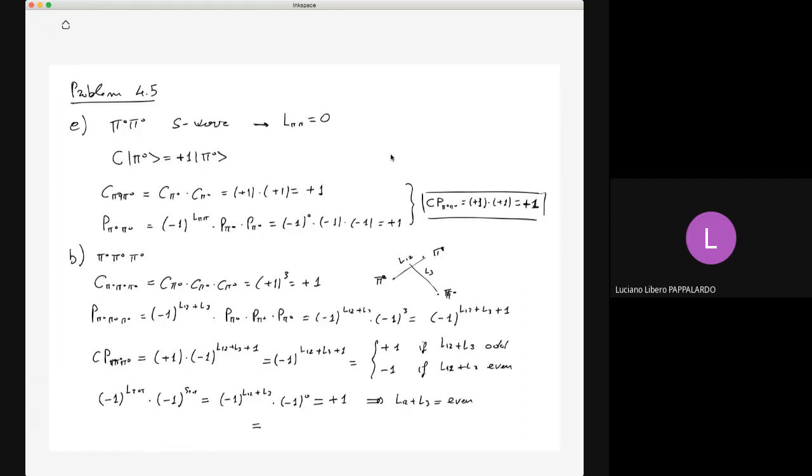And so the correct assignment is that CP of the 3 pi zeros must be -1. Here we are imposing that the wave function is symmetric.